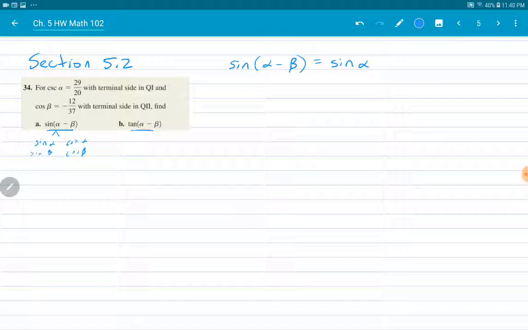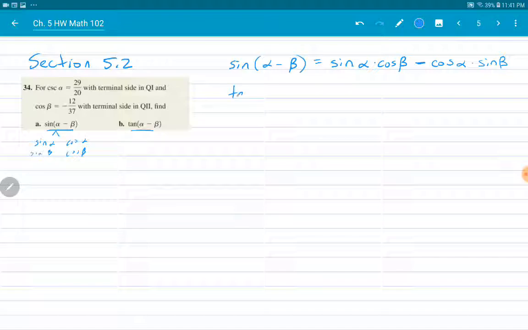sine of alpha times cosine of beta minus, it keeps the same sign, and then we switch the trig functions, so cosine of alpha times sine of beta. So our cosines are sandwiched in between during our sine function, and we keep the sign and flip the trig functions.